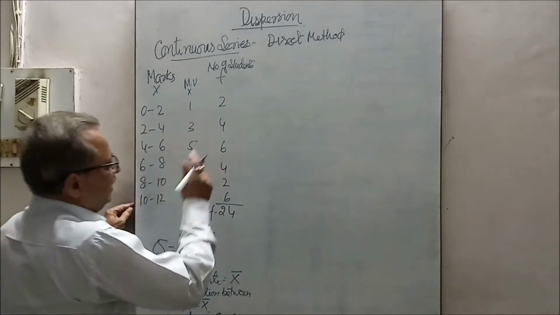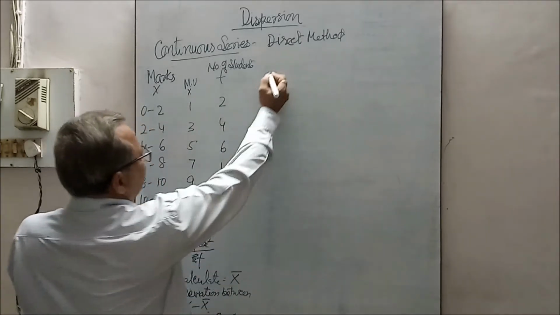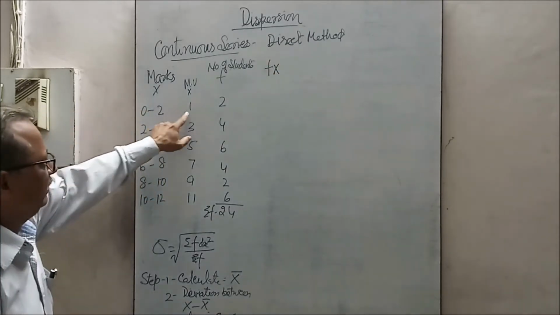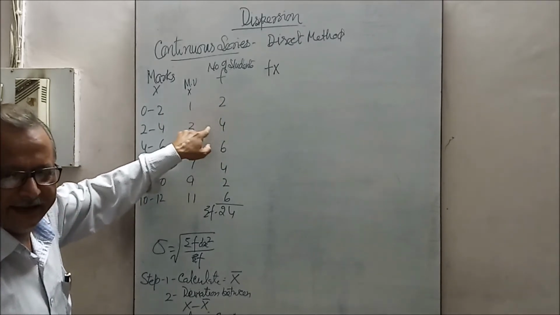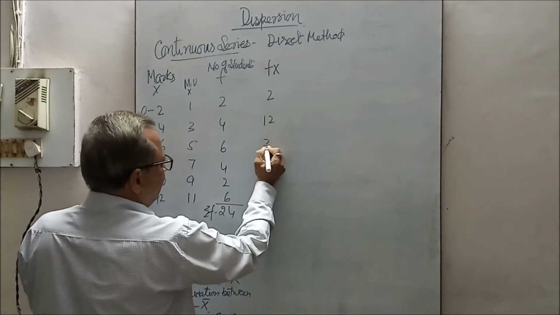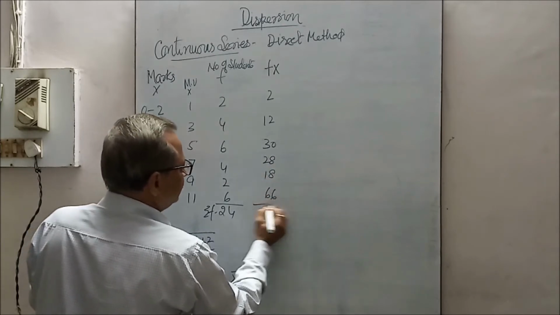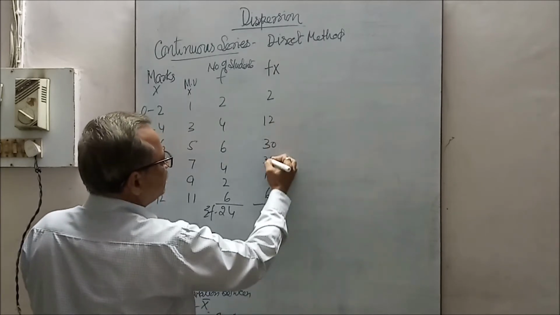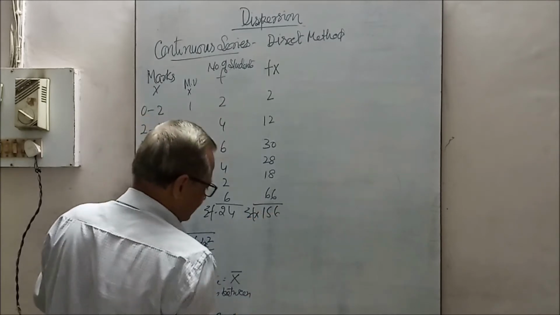The very first thing, first of all, we will calculate the mean. To find the mean, in the direct method, this x and this f we will multiply: 2 1s are 2, 4 3s are 12, 30, 28, 18, 66. Now see, fx is 156.